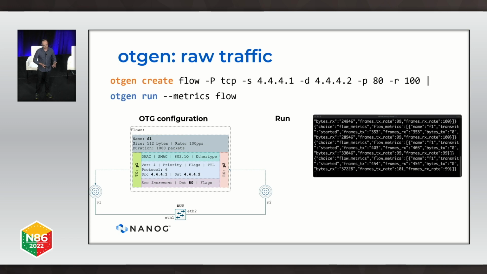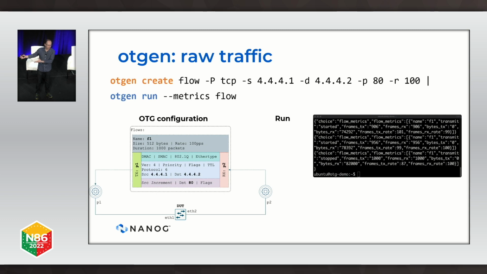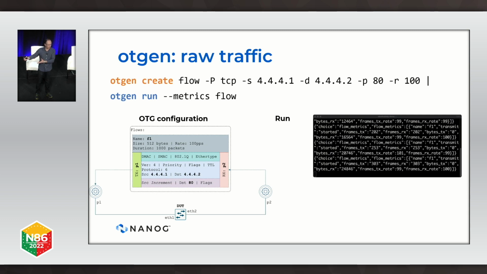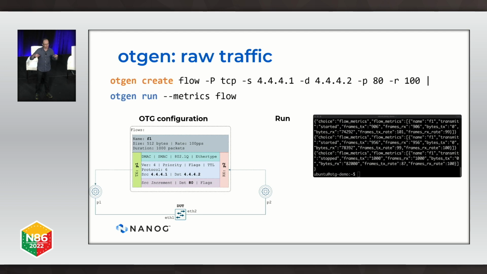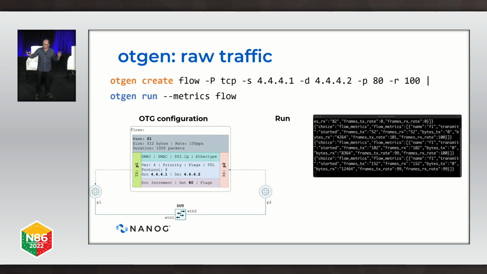You can now use the OTGen run command to ingest that YAML file and apply it to a traffic generator. Okay? And when you apply it to the traffic generator, if there are no errors, you say start traffic. And then you pull metrics, and then you send the metrics to the output. So essentially, with these two commands, you can start traffic with random source and destination IP addresses, random protocols, whatever OTGen currently supports.